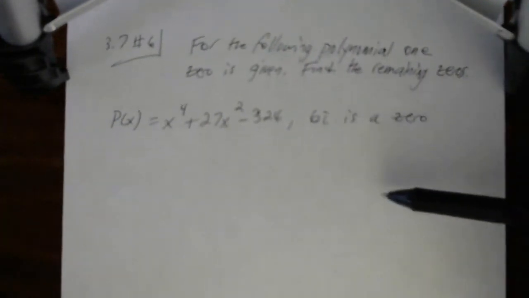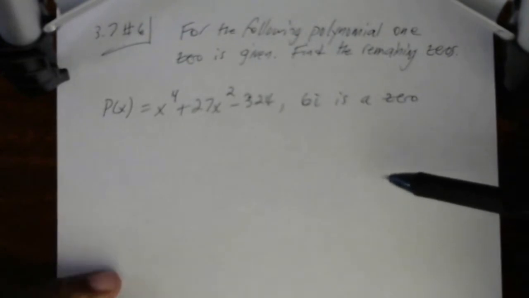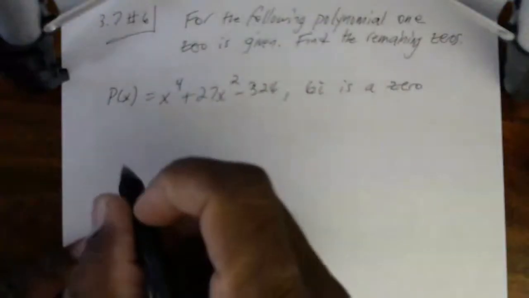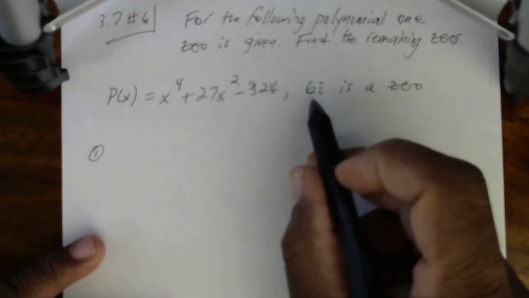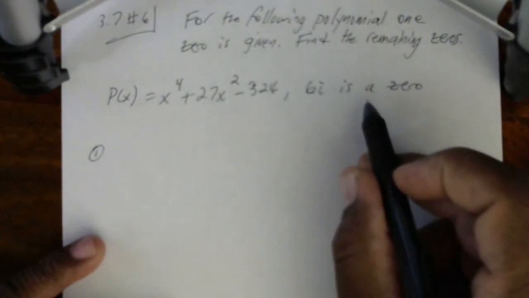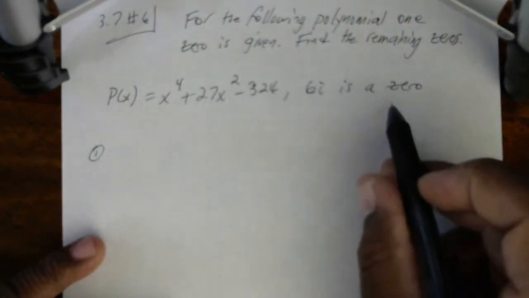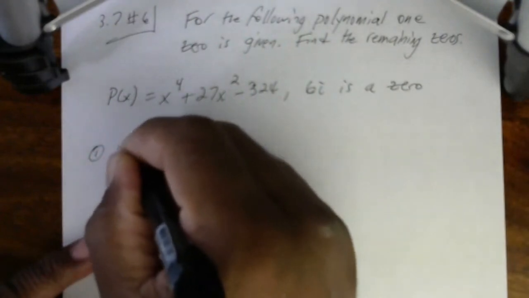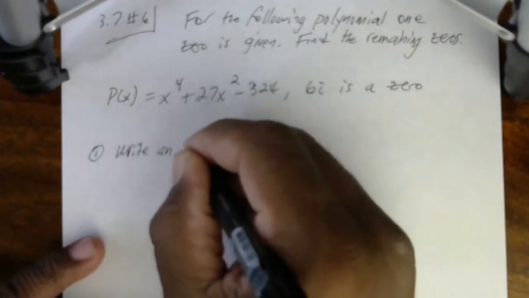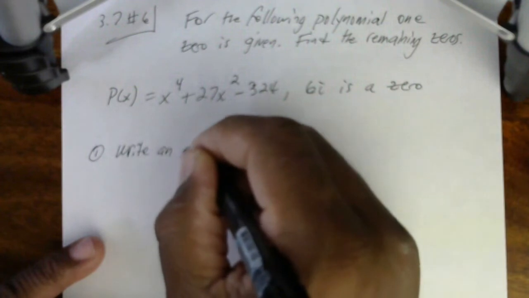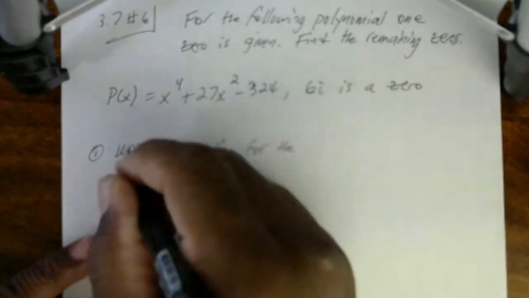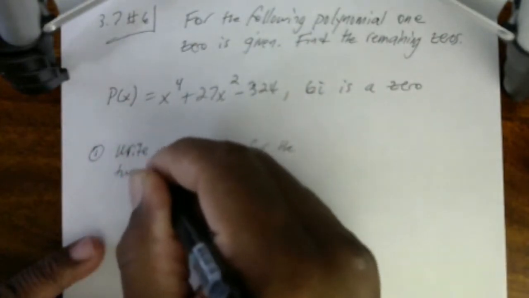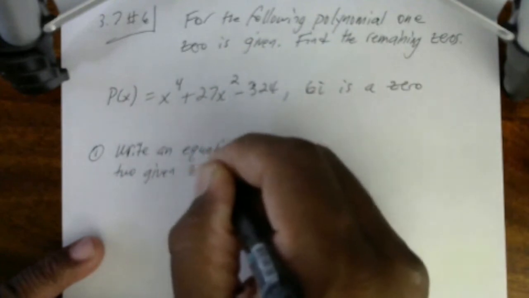So there's a few steps to this problem. This is the first thing we're going to do: write an equation for the two given zeros.